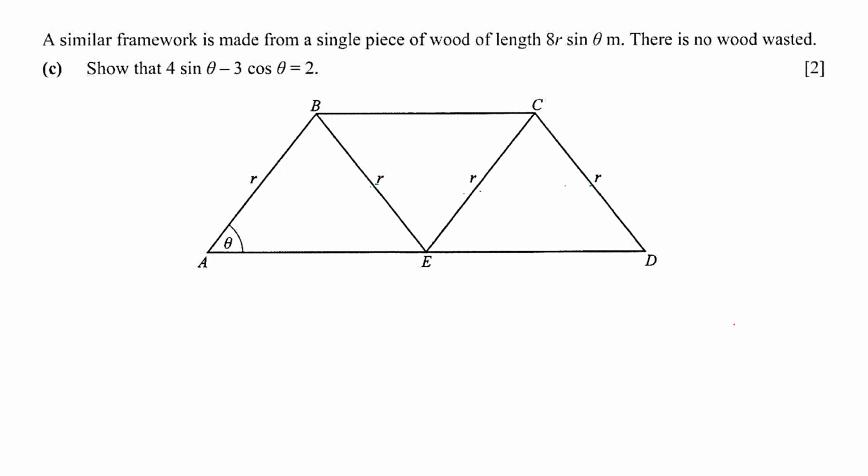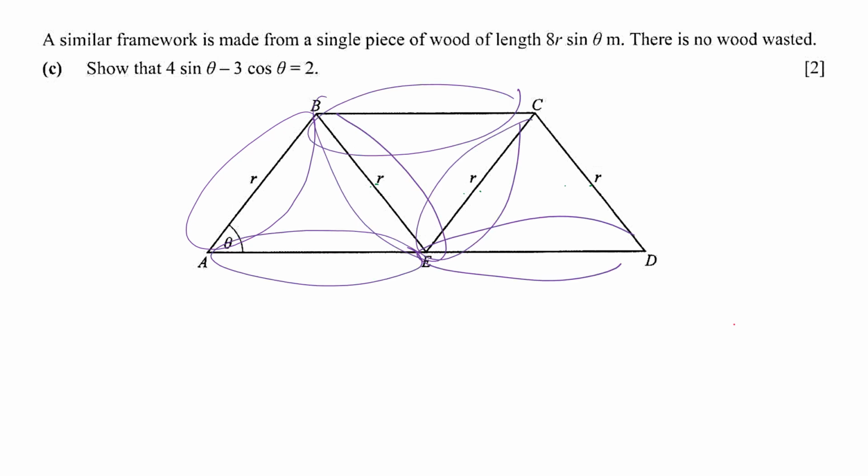Okay, so part C of the question, you are told that this similar framework is made from a single piece of wood of length 8r sine theta. That means what they are trying to say is this plus this plus this plus this plus this plus this plus this will give you this.